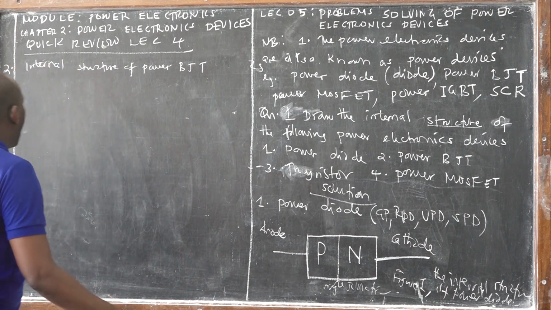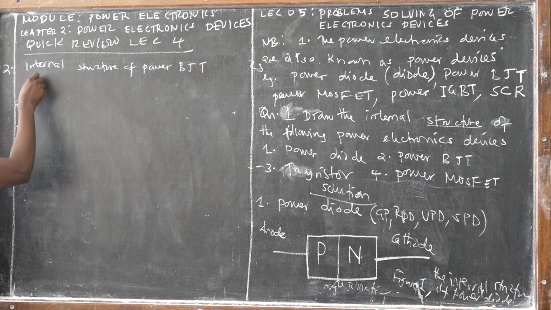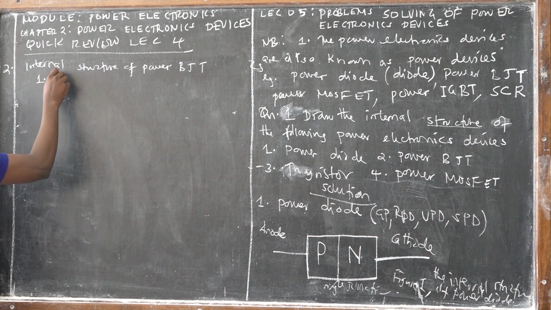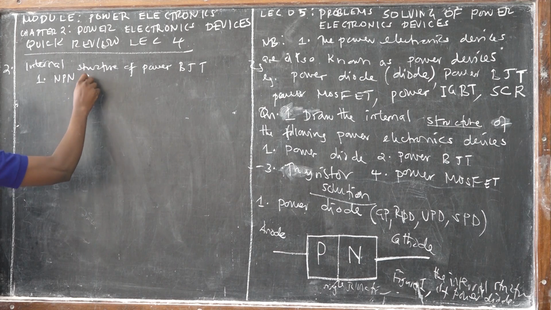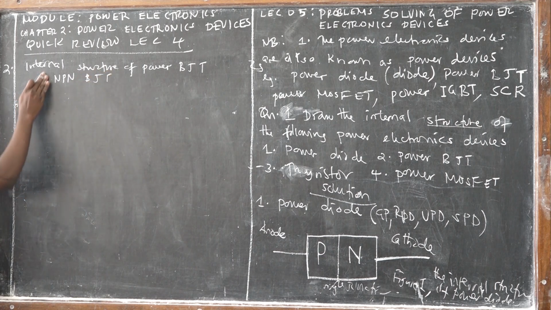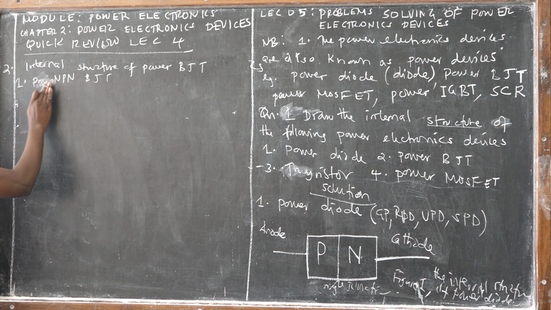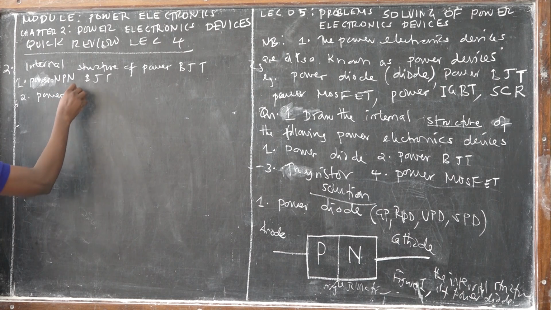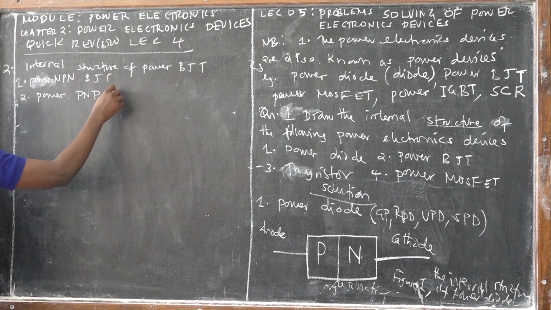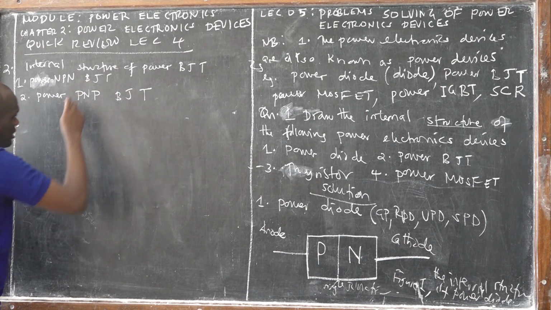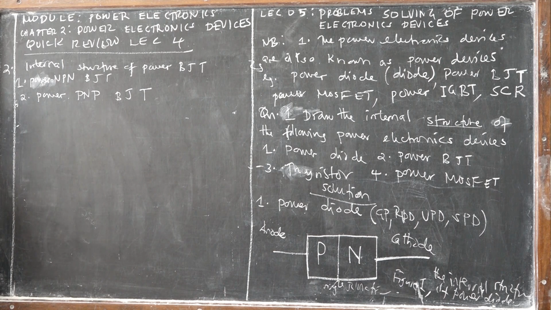Number 1, we have to think about the NPN BJT, so you have to draw the internal structure of the power NPN bipolar junction transistor. And number 2, the power PNP bipolar junction transistor, according to the question, still general.